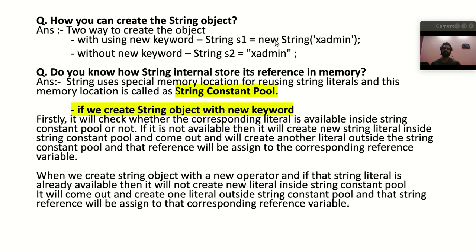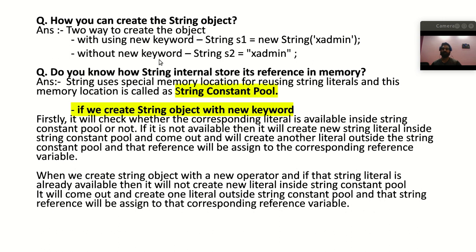Simply you can do String s2 = "xadmin". This is the literal, and s1 is also a string object, s2 is also a string object. Now the difference is actually in how they are stored in memory.